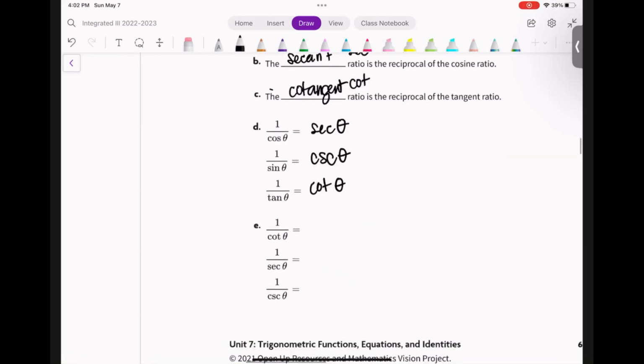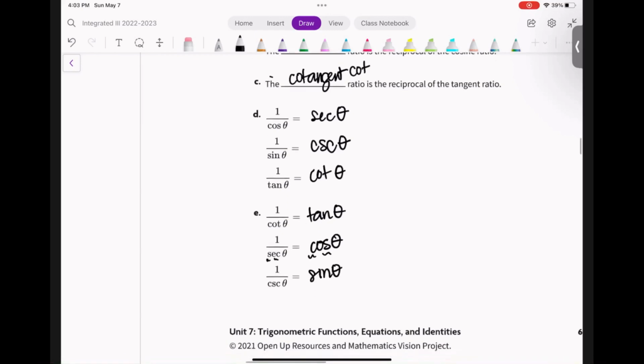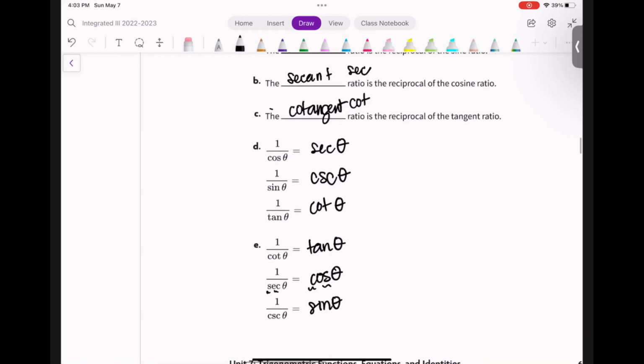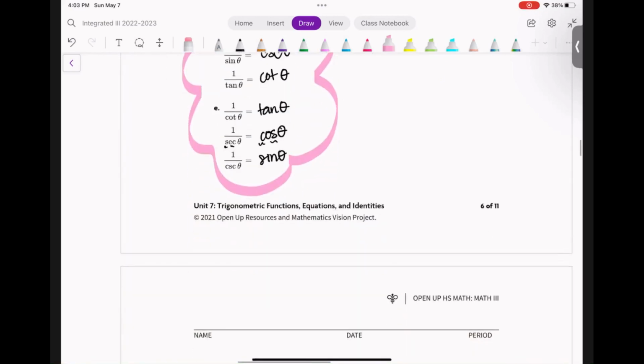And then going the other way from cotangent, this is tangent theta. This is cosine theta, again because I look at this S and this C, and then this is sine theta. I would definitely make sure that this little part right here is memorized, because this will help you do a couple more things in the next couple of lessons.